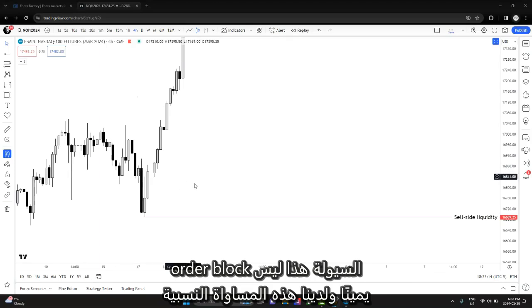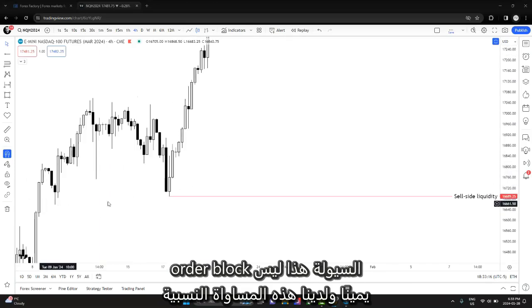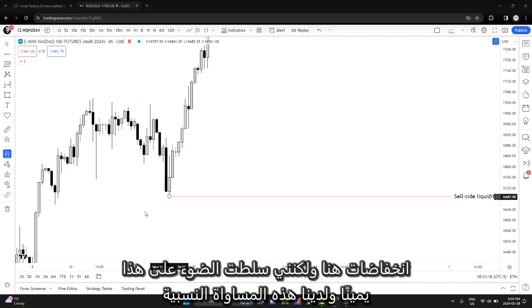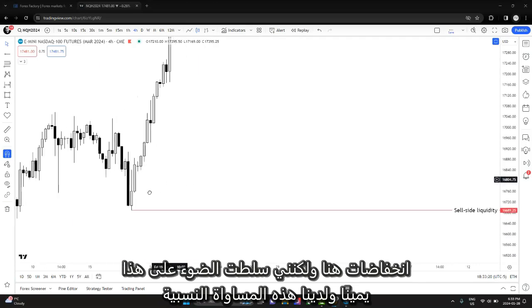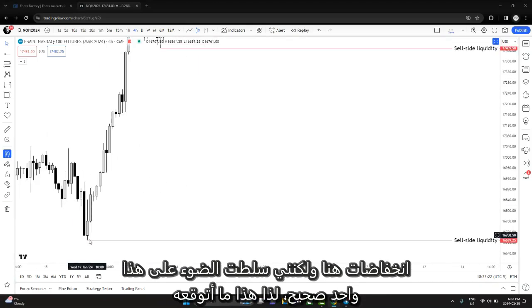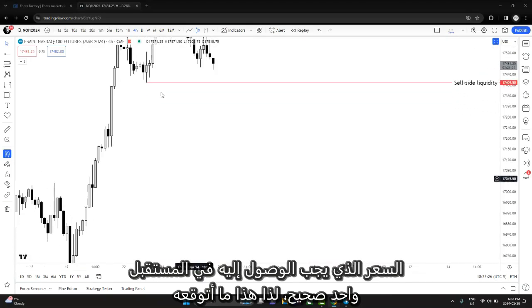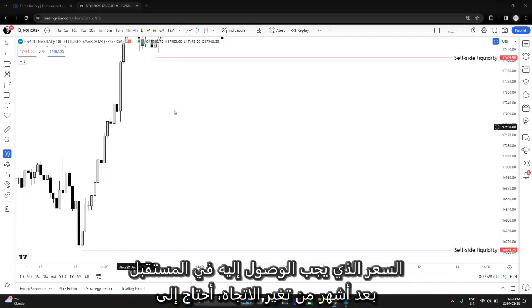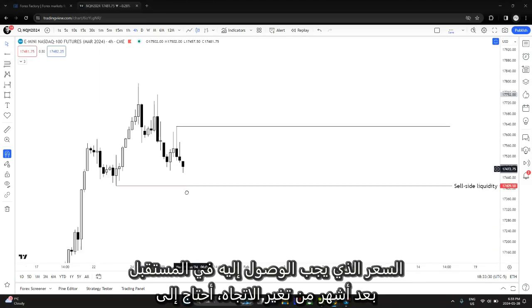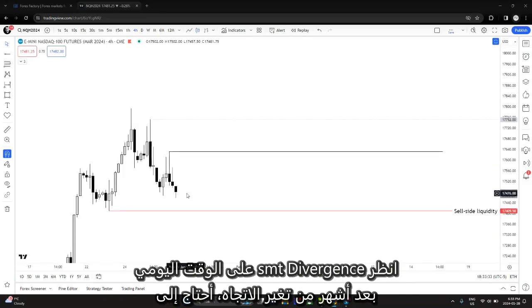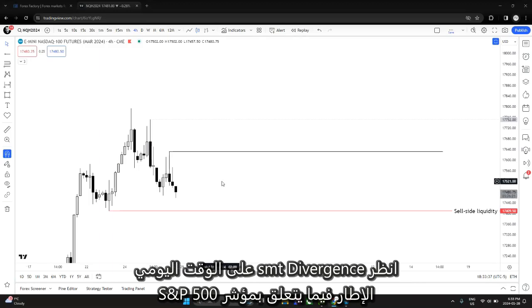And we have these relatively equal lows right here, but I highlighted this one, right? So this is what I expect price to be reaching for in the coming months after the trend changes.